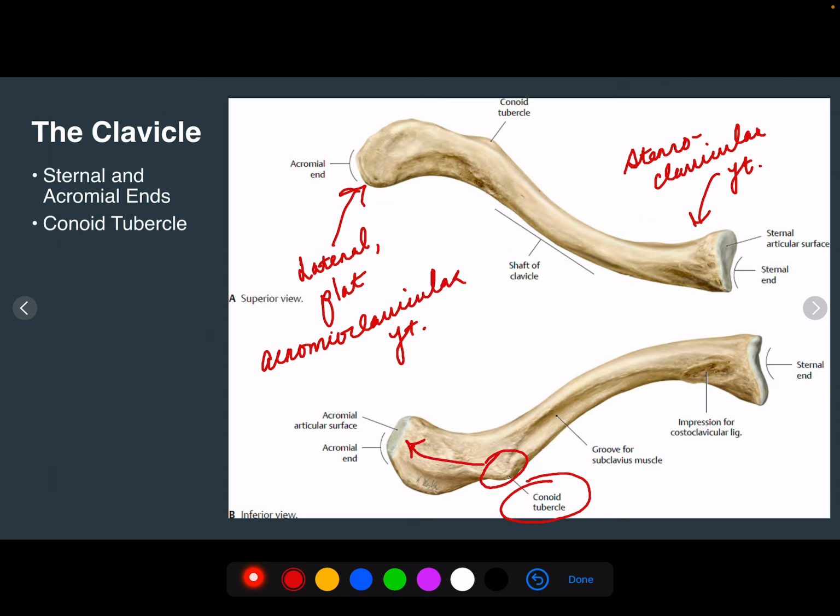And it's that conoid tubercle which serves as the attachment for the conoid ligament, which is a support structure for the acromioclavicular joint, okay? But part of the coracoclavicular ligament. This is one half of the coracoclavicular ligament, the other one being your trapezoid ligament.